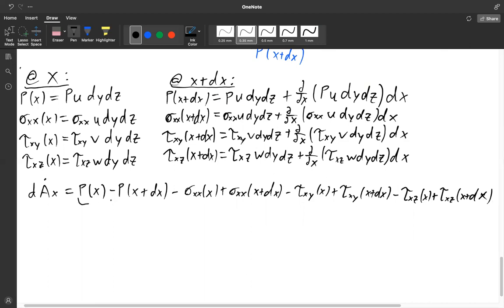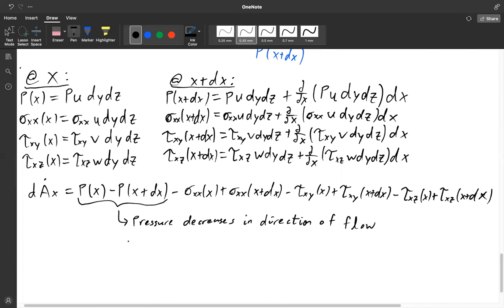And the reason why we have p at x minus p at x plus dx, the pressure at the inlet minus the pressure at the outlet, is because pressure decreases in the direction of flow.